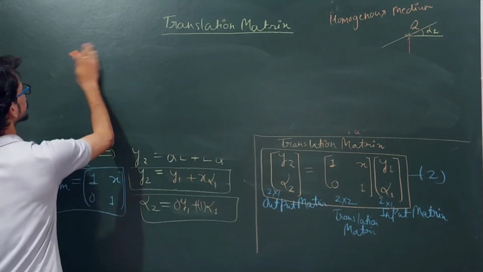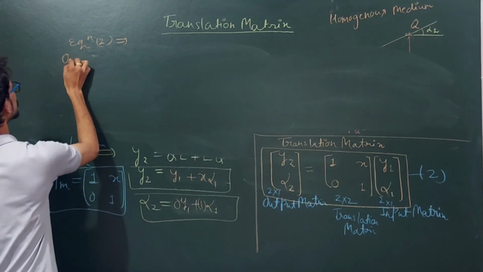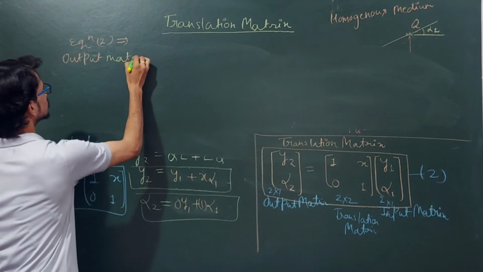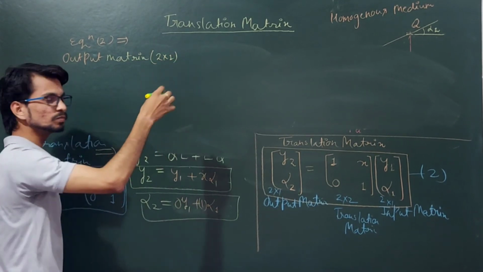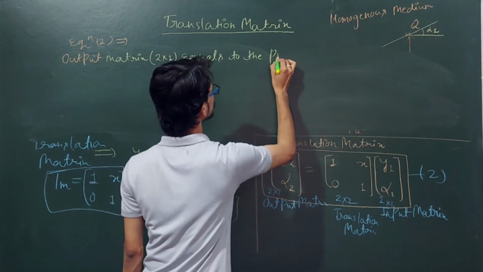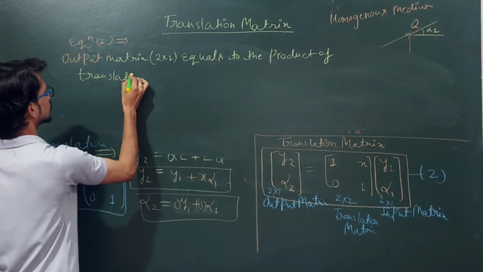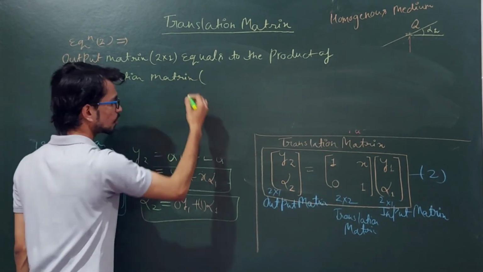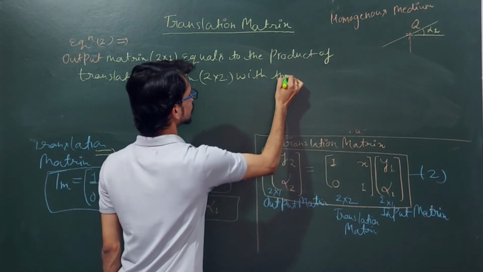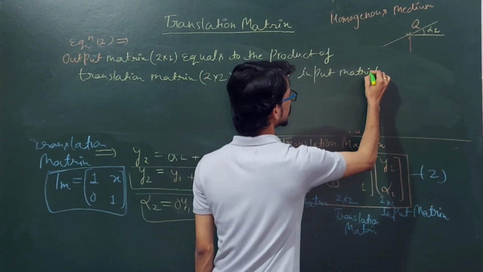So I am writing this complete equation in language. The translation matrix equation is equation 2. So the output matrix, whose order is 2 by 1, equals the product of the translation matrix, whose order is 2 by 2, with the input matrix, whose order is also 2 by 1, the same as the output matrix.